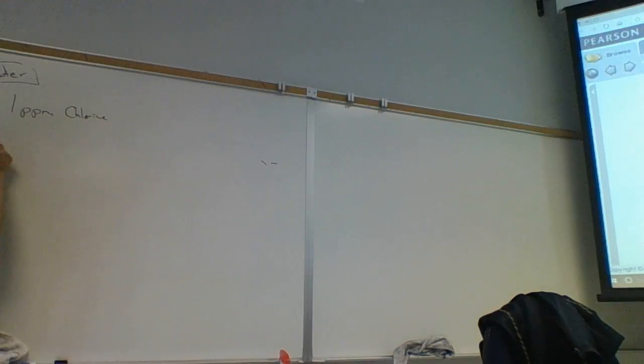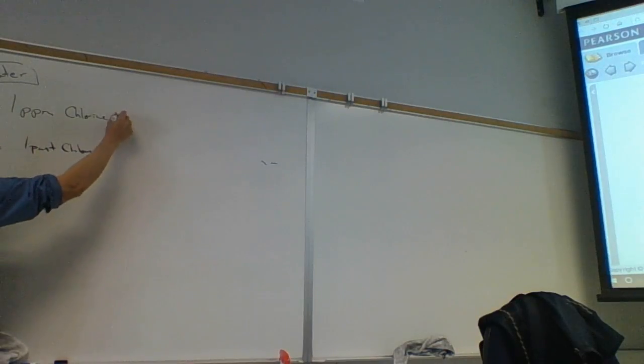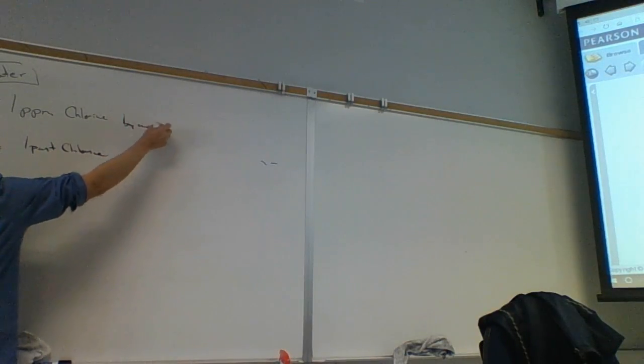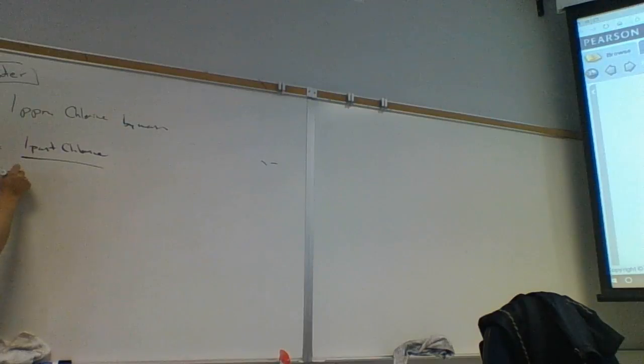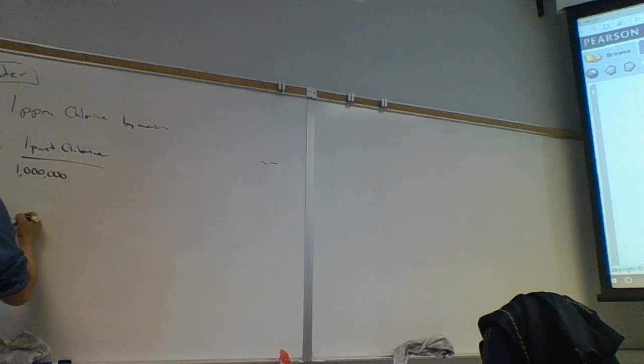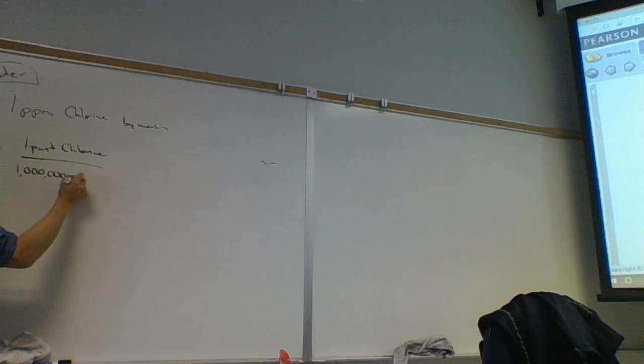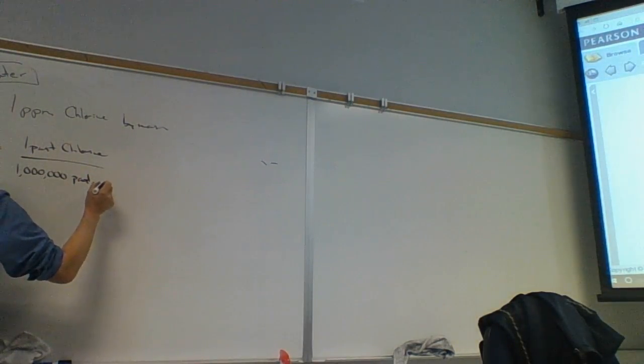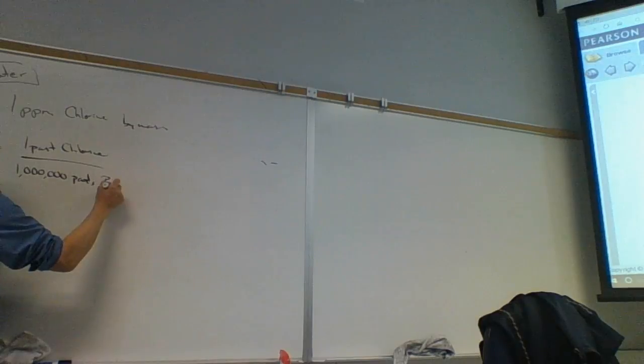One ppm chlorine is equivalent to 1 part of chlorine, this is by mass, per million parts total. The total will be pool water.